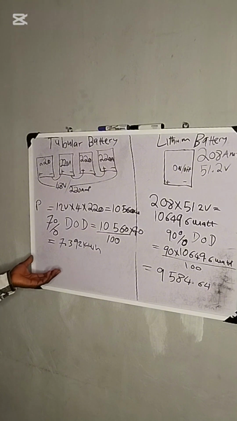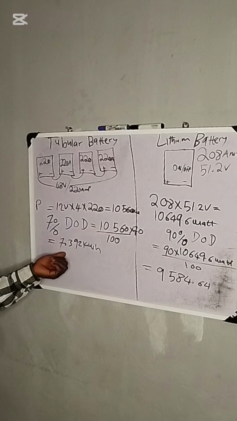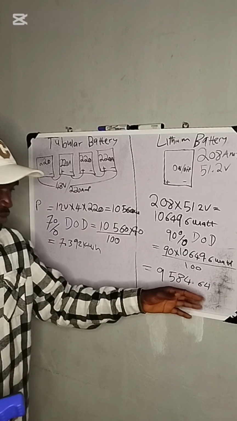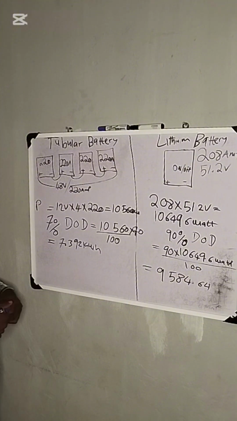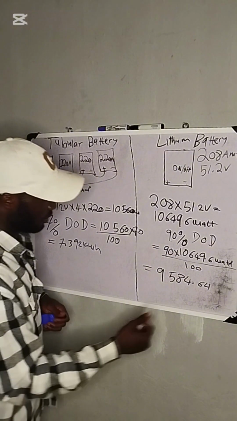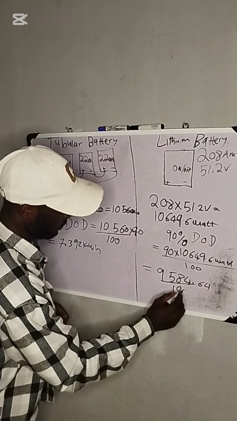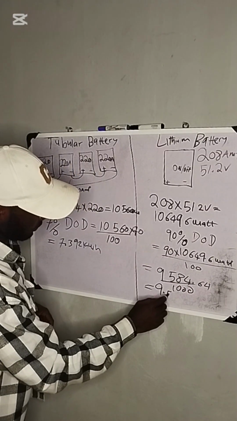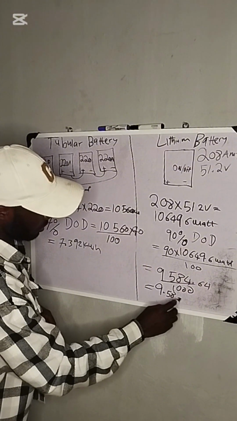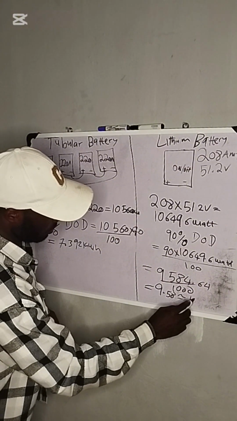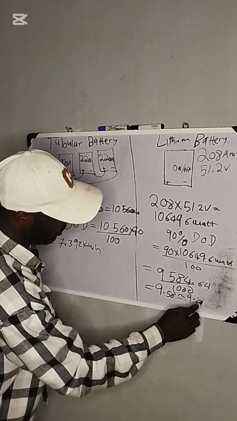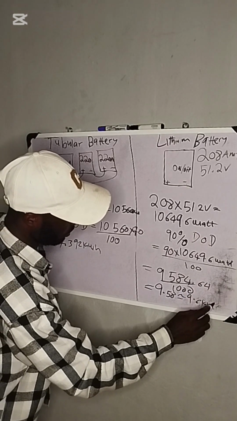If you check this now, you will see that the usable energy of this battery is 7.39 and so on, and this one is 9, as you can see in the figure. If you divide all this by 1,000, you will get 9.5, which is approximately 9.6 kilowatt hours.